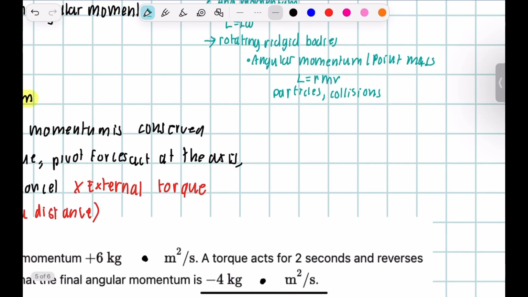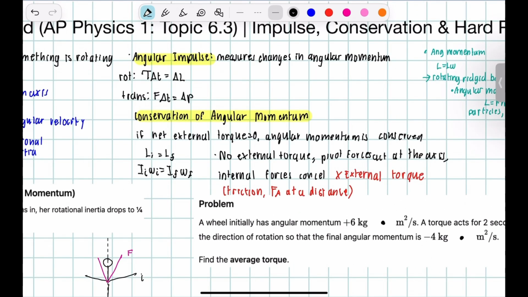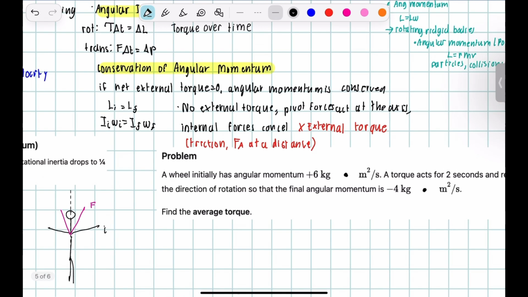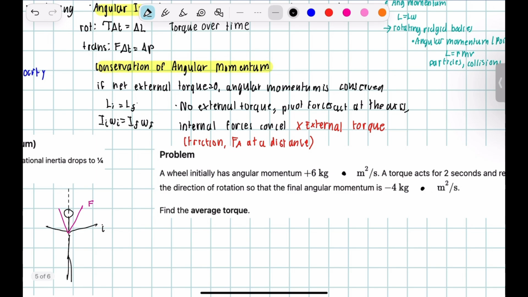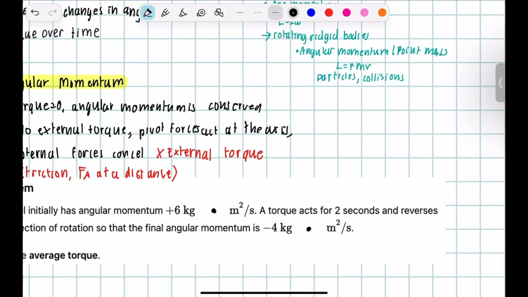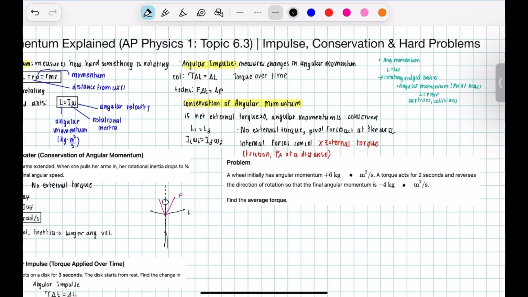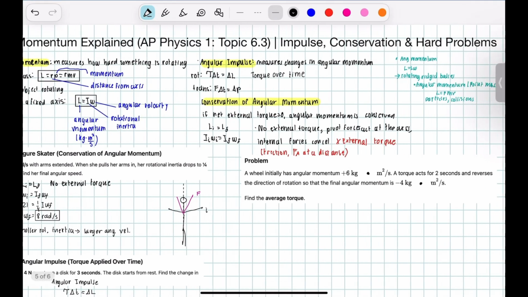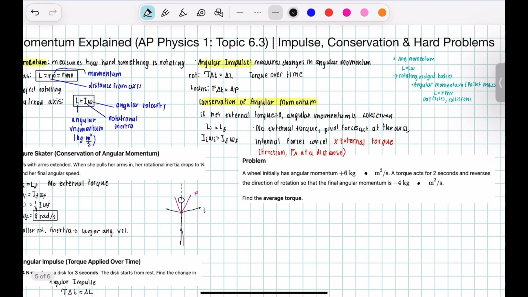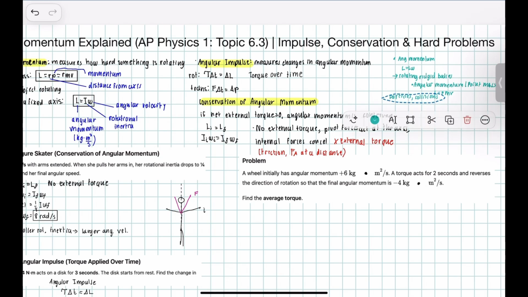Now if you have angular impulse, this is for torque over time. Conservation of L is Li is equal to Lf, when there is no external torque.